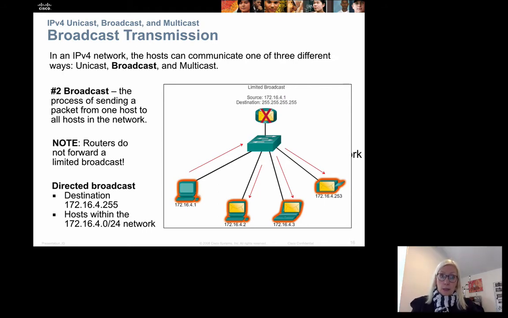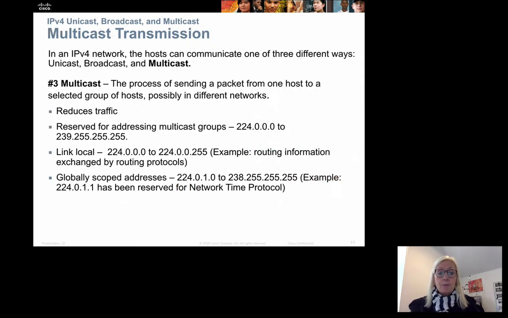The broadcast address is always found by setting the host portion of the IP address to binary ones, typically ending with 255. So in this case, where we have a network called 172.16.4.0/24, the broadcast will be 172.16.4.255. That will be an address that applies to all devices on this network.